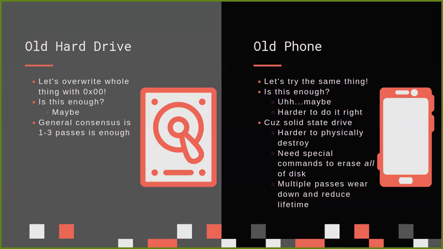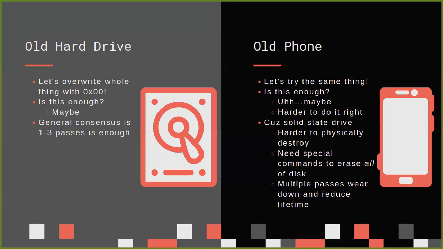The reason is you're now working with a solid state drive, and that is, by the very design of it, harder to achieve because they're meant to be more physically resilient. So even if you wanted to take Google's approach and destroy it, they're harder to destroy. And then solid state drives also do something called wear leveling, where they distribute where things are actually written to.